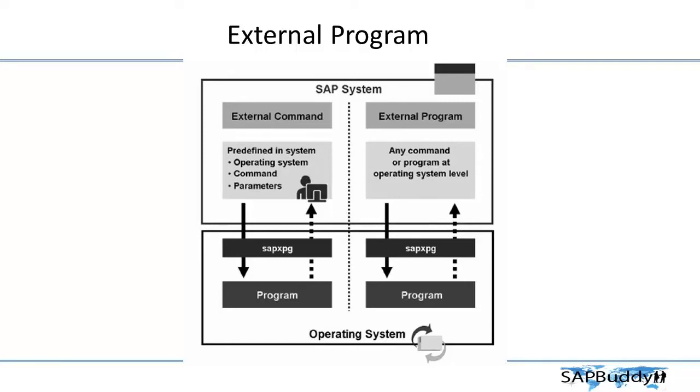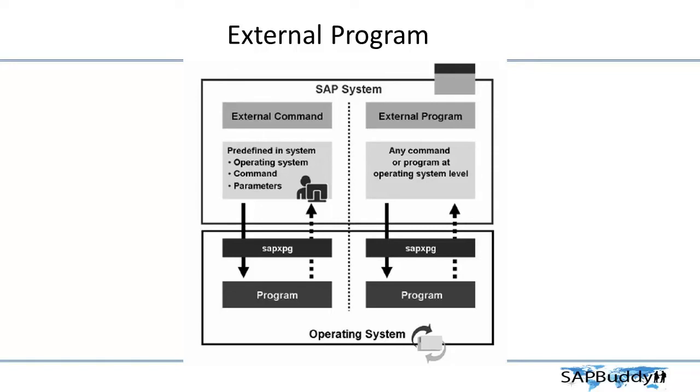And the second one is external program. This external program means any command or program at the operating system level. Let's say you go to MS-DOS, for example, let's take Windows. Each command which you execute in the DOS prompt is actually an exe program.